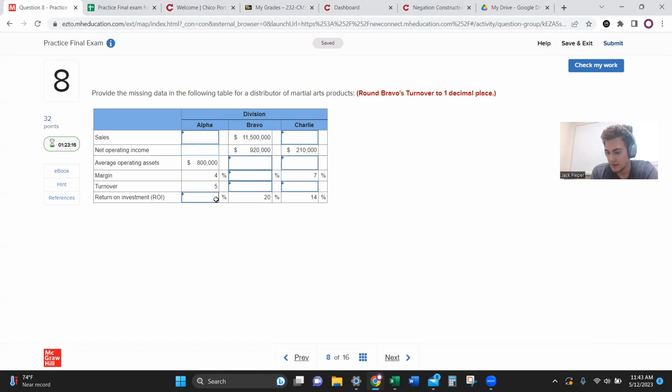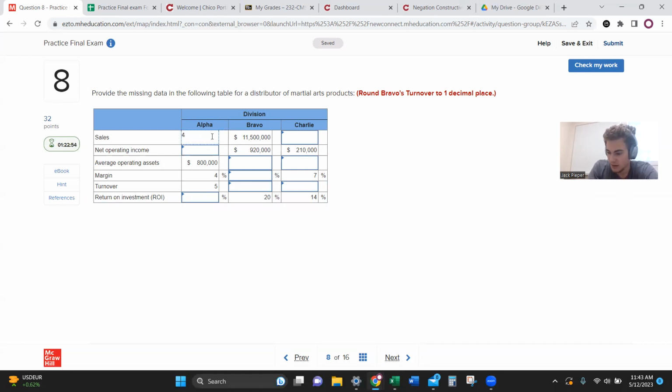Okay, and then for this, you can double check your work pretty well. Even if I didn't know that it was 32,000, I could find our sales too. Our turnover is five, which means that our sales are five times greater than our operating assets. And again, we know that because we just know the formula. So we're going to make our sales.